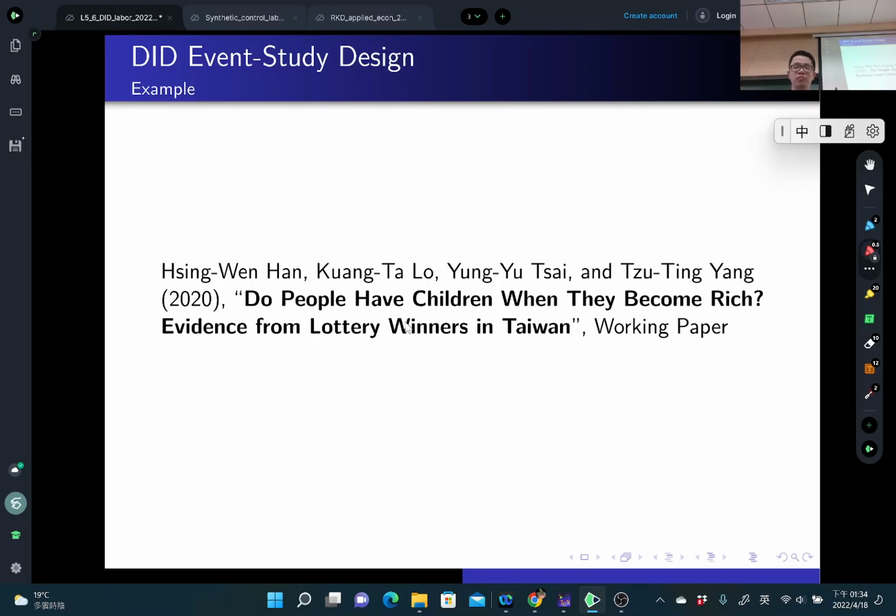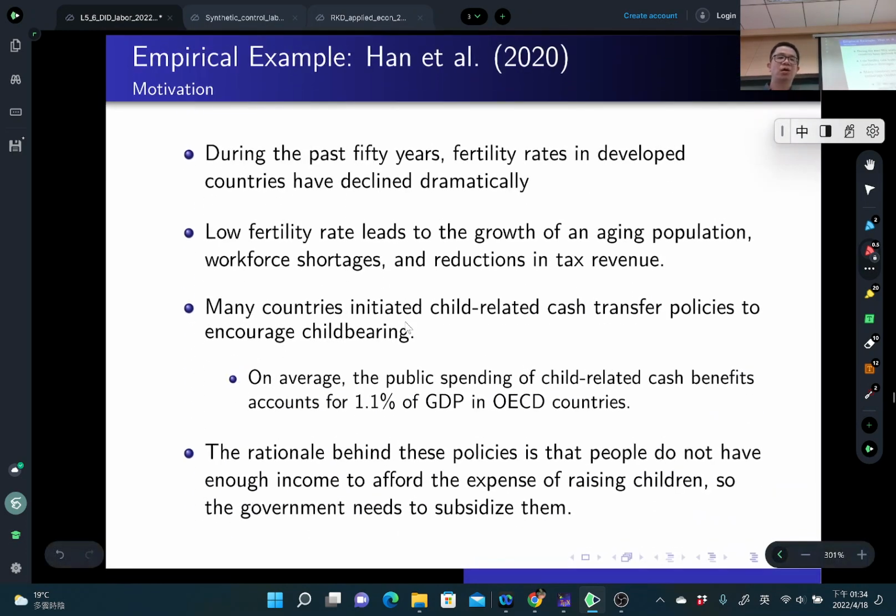And we use the difference-in-differences design. So the motivation of this paper is, you can imagine during the past 15 years, the fertility rate, especially in developed countries, declined dramatically. Like Taiwan, our total fertility rate could be 6 children per woman during their lifetime, and until now, it's below 1.